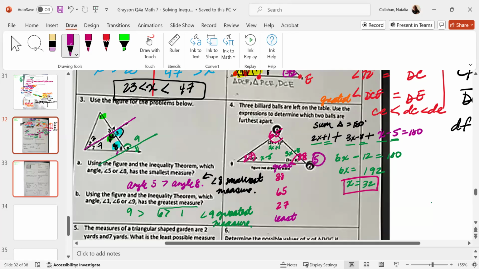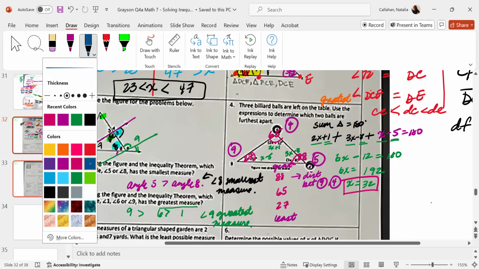What about this one? 4 for the 65? Yes. And what's this one? 9. Okay. So then let's take a look at the sides. Which one is the longest side? It's opposite 88, right? So the longest side is going to be the distance between 9 and 4. Do you see that?